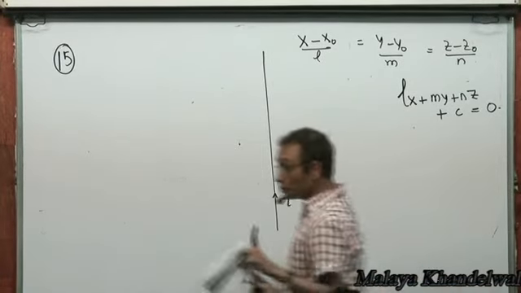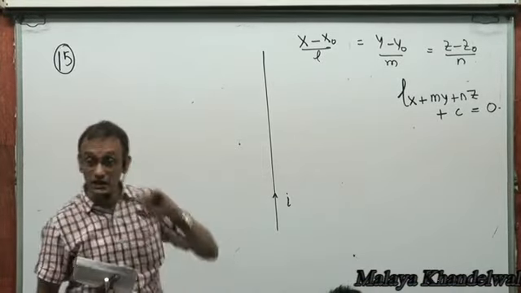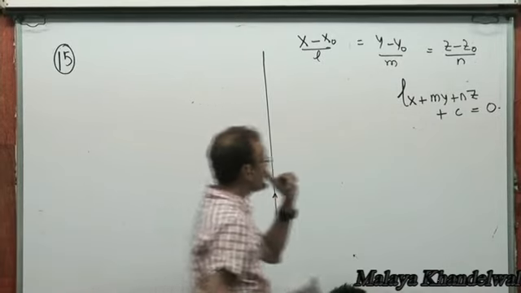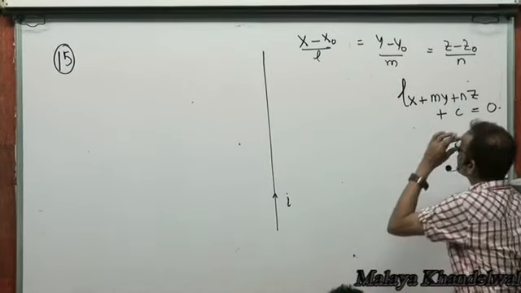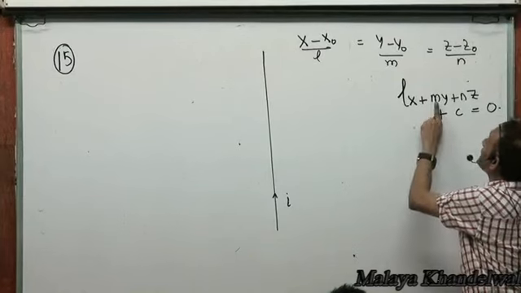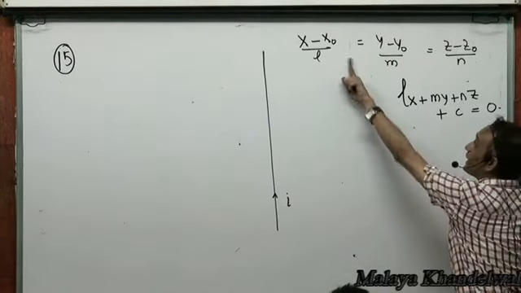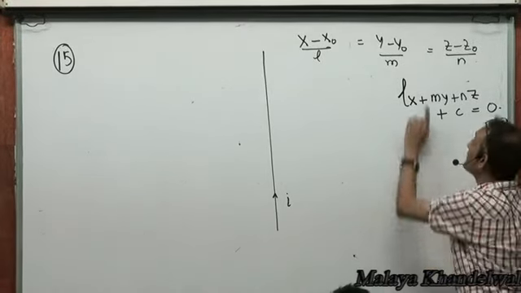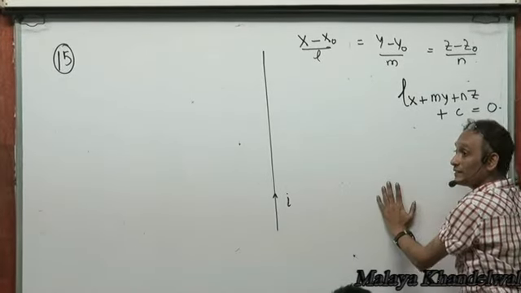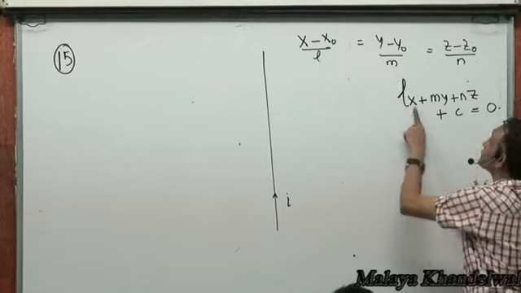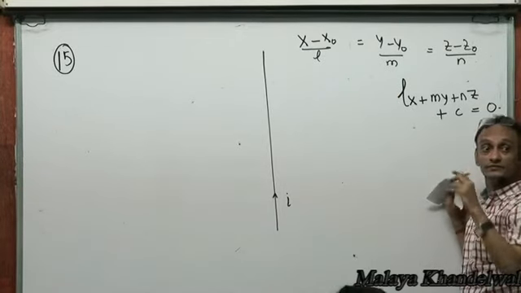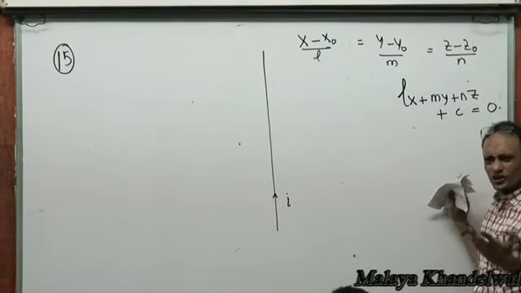That circular loop centered at x1, y1, z1 lies in this plane. Now, very clearly, a normal to this plane is Li cap plus mj cap plus nk cap, which is a vector parallel to this line. That means this line must be a normal to this plane. Yes or no?